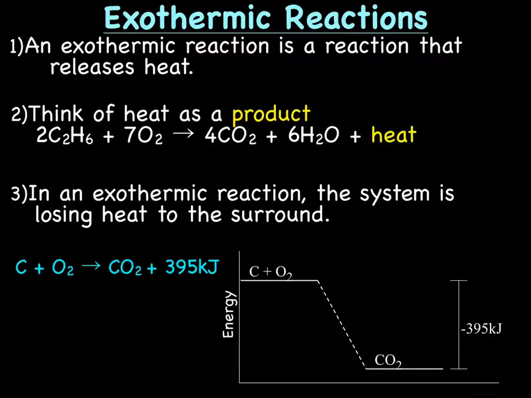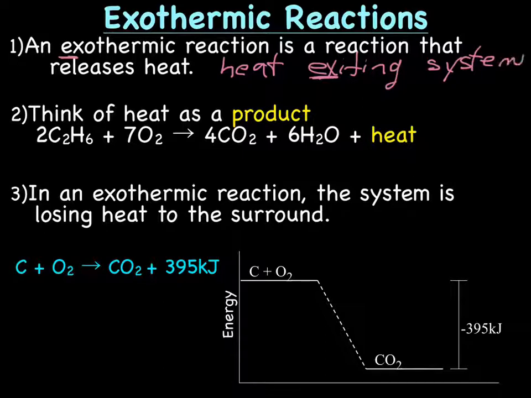All right, let's discuss exothermic reactions. An exothermic reaction is a reaction that releases heat. I remember this as exo is heat is exiting the system, the thing that we're studying.